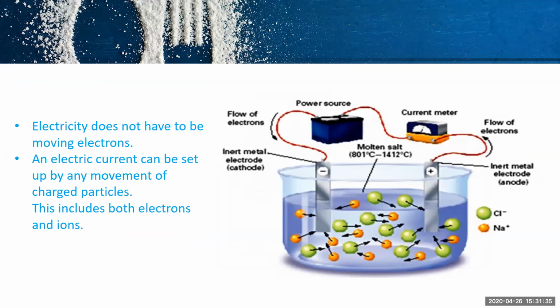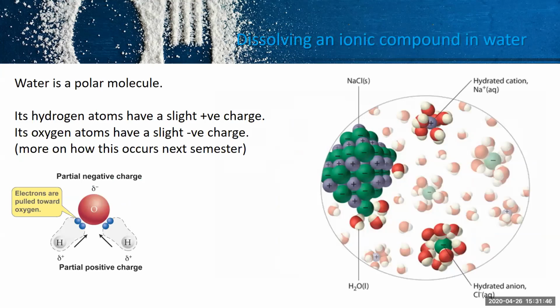And then the ions have been freed from those lattice positions and can move around. And that flow of ions is going to create electricity. Of course, we have the same thing when we have the ionic compound dissolved in water.